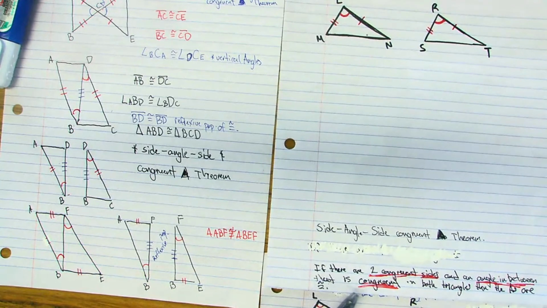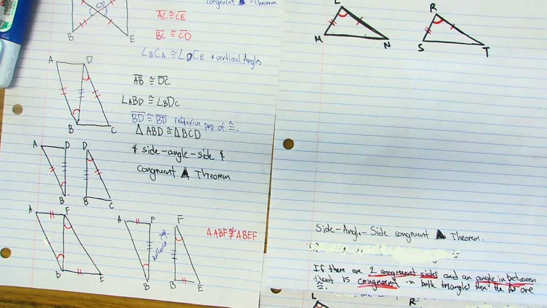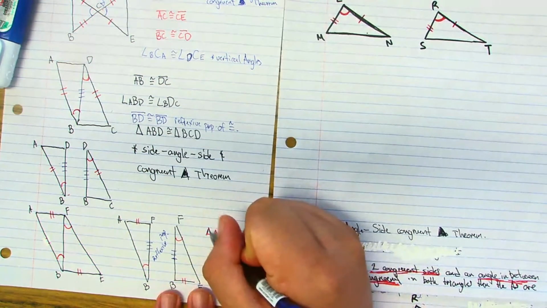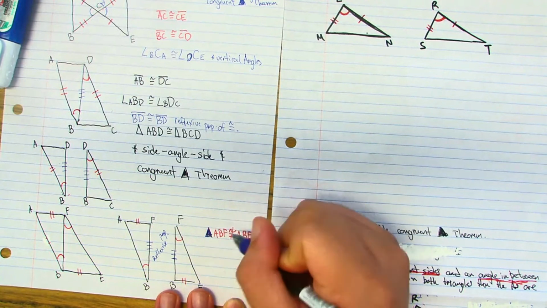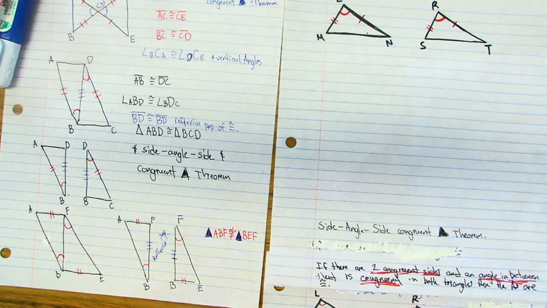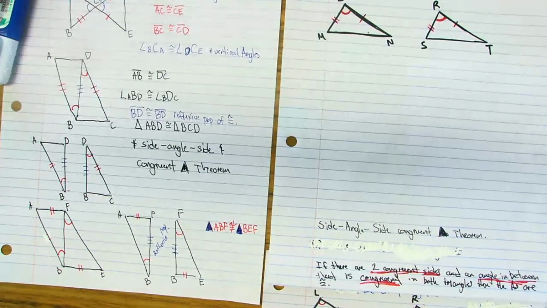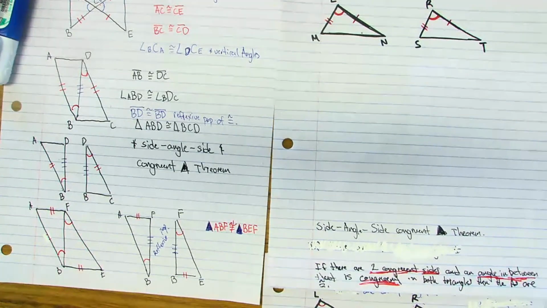If there are two congruent sides and an angle in between that is congruent on both triangles, then the triangles are congruent, right? Sorry, my writing is terrible. Thank you for clarifying. Sorry, maybe that's why we got confused, right? It's okay. That was my fault.